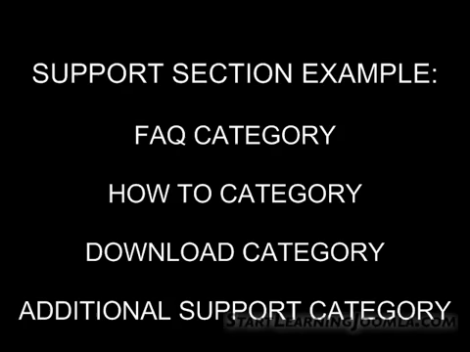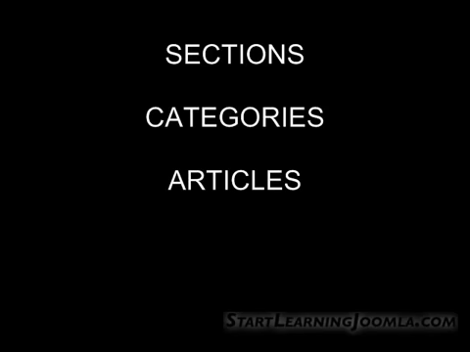You really only get to organize things at three levels: sections, categories, and articles. While they're considering changing this in future versions, it's important to get used to breaking up your content this way right now. At first, this may seem a little strange, but it actually works quite well in practice.